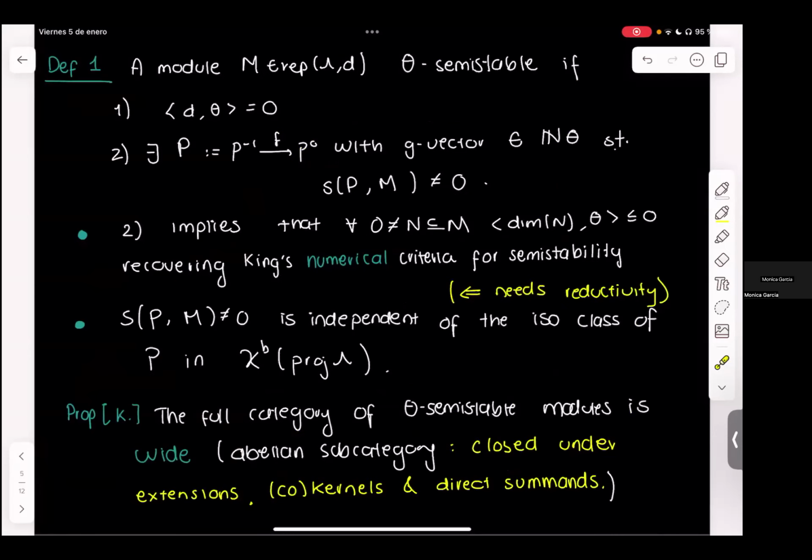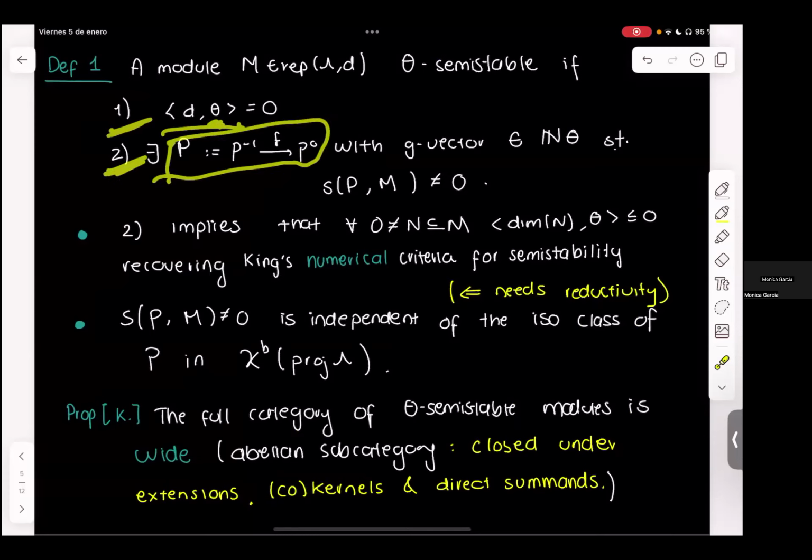So the definition that we saw before of a theta semi-stable representation can be rewritten in the following way. What you're going to ask is, first, you need your dimension vector and your parameter to be orthogonal to each other. And secondly, you have to be able to find a projective presentation whose G-vector is a positive multiple of your parameter, such that its associated determinantal semi-invariant does not vanish when you evaluate it over M. And if you're familiar with the theory of semi-stability, you might be telling yourself, well, this is not the very nice numerical notion that I know.